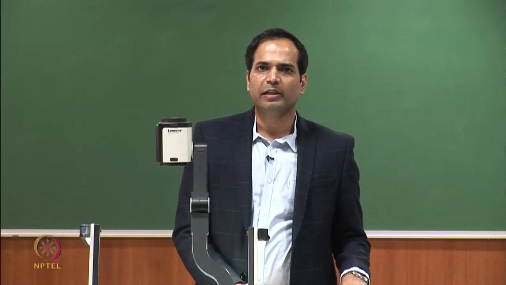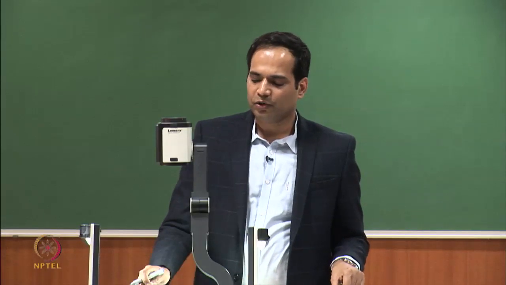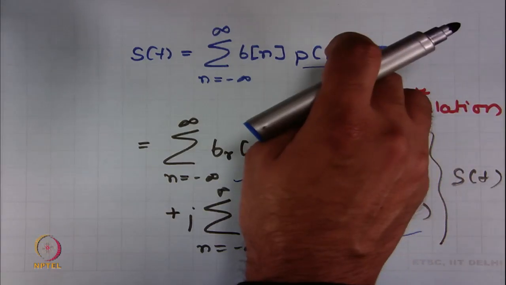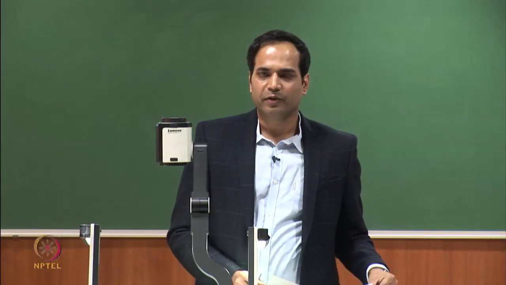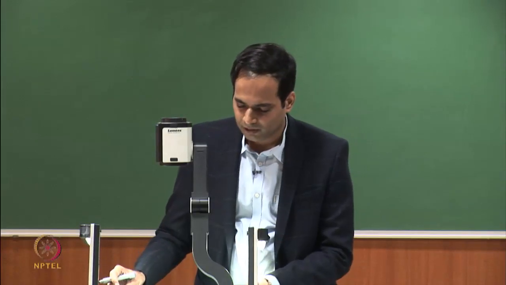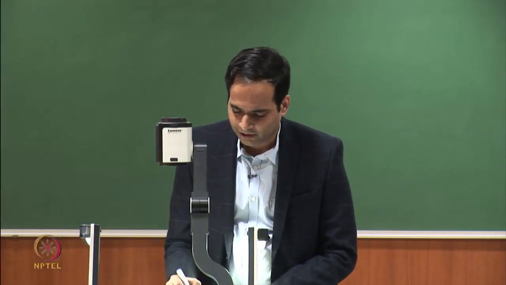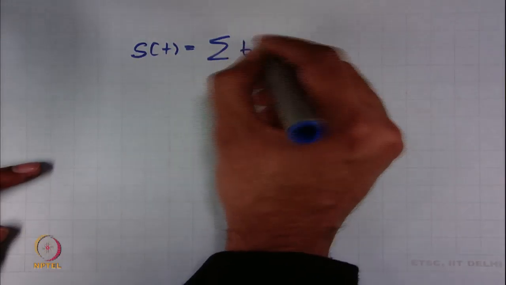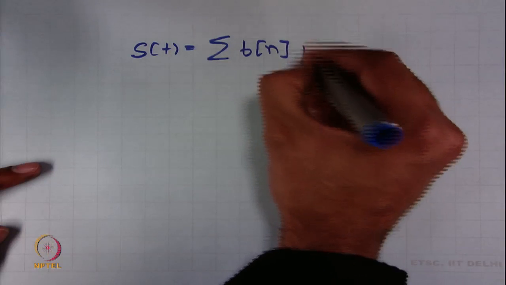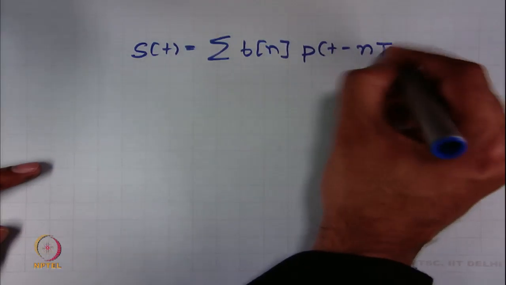We also have non-linear modulation, in which you have different pulses to transmit different signals. This is linear modulation, and for some time we would just focus on linear modulation. So, we are trying to start with this expression, but there are so many things that we want to say about this simple expression.